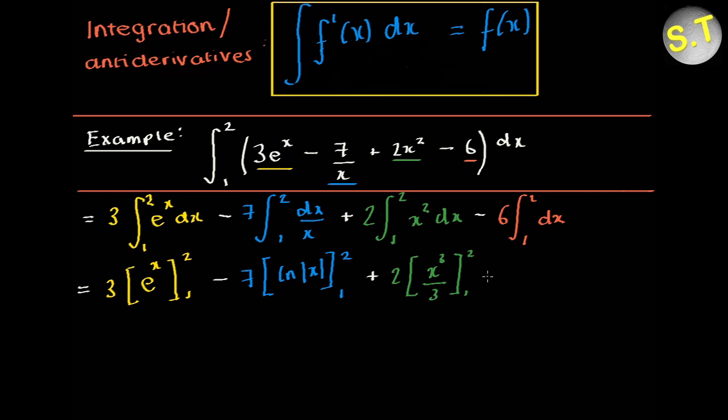And then again subtract 6 times the integral of 1 with respect to x, which is simply x, because this is equal to x to the power of 0. So we're increasing this power of 0 to 1 and dividing by the new power, which is 1. So we have x to the 1 over 1, which is just x, evaluated between 1 and 2.